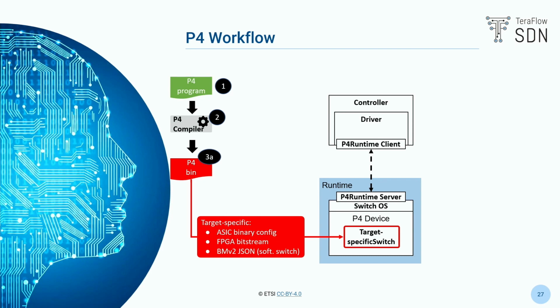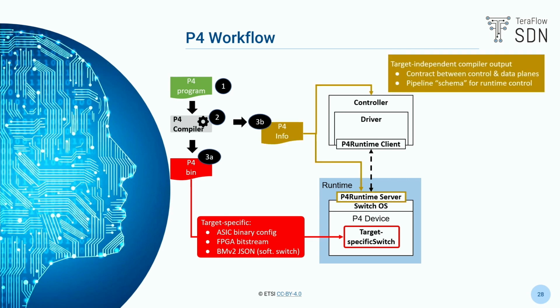However, on the other side, we have another output of the compiler, which is towards the northbound side, towards the controller side. And this is target independent. So it's actually the output of the compiler, which is called P4info, and it stands as a contract between the controller and the data plane. It's actually the schema of the pipeline described to the controller in a way that hides what type of device is underneath.